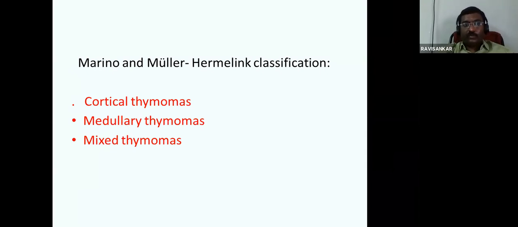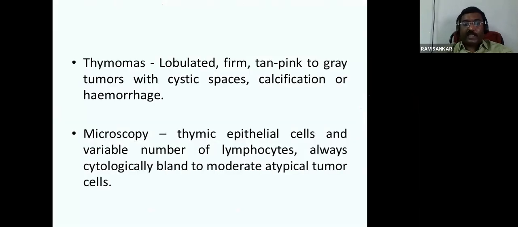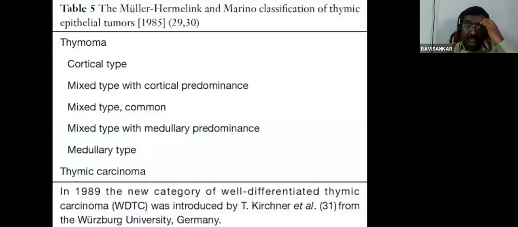So this was the basis of that classification. Don't need that. Remember the cortical types and everything. Actually, initially classified as cortical type, medullary type, mixed type, with cortical predominance or medullary predominance.